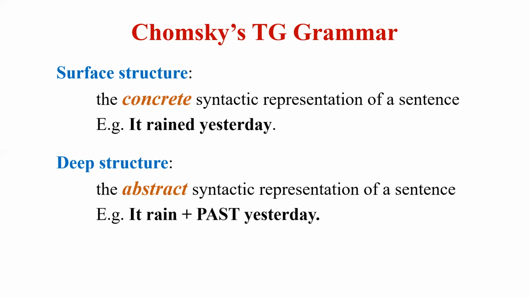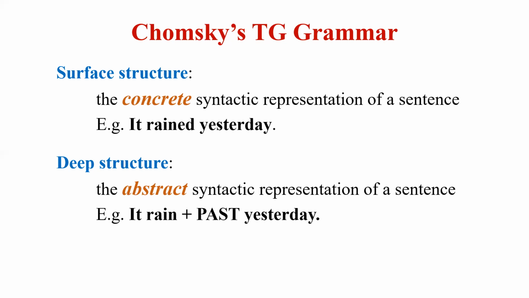So Chomsky says, whenever we speak, before we make a sentence, in our deep mind, we form an abstract representation of a sentence. The abstract syntactic representation of a sentence is called deep structure, which is abstract in the sense that it is not in its concrete form. For instance, if I want to say it rained yesterday, before I make that sentence, deep in my mind there is a kind of abstract structure.